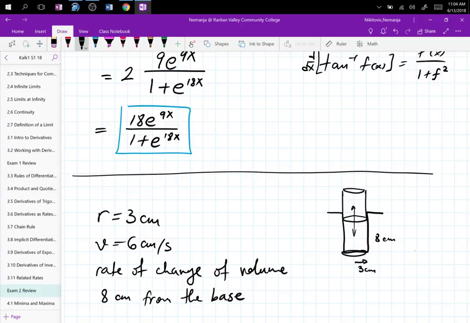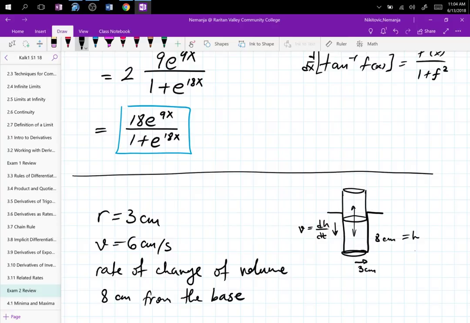And we have the velocity, which is the change of distance. Let's call this distance h, for height. So the velocity is actually dh/dt because it's changing the height.